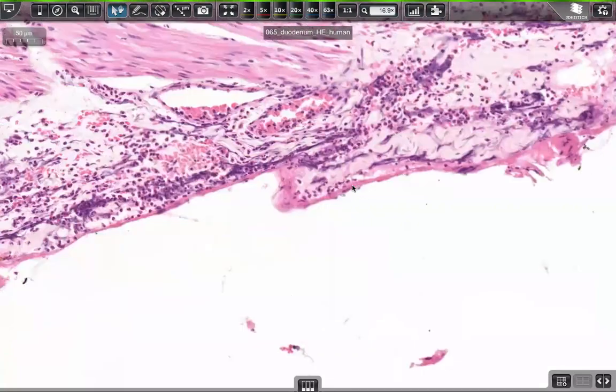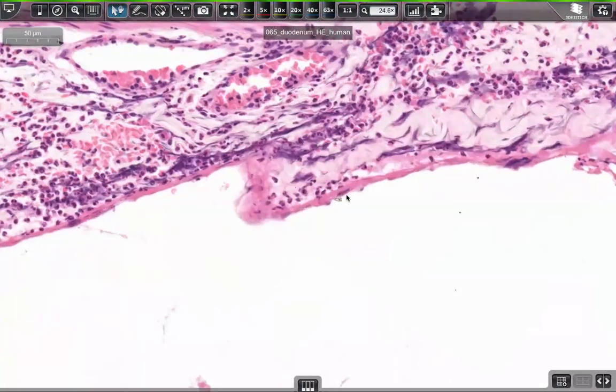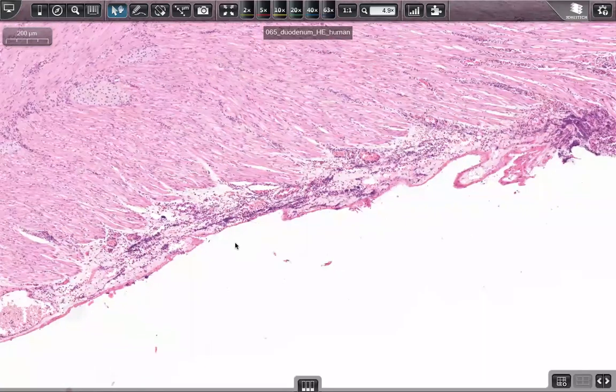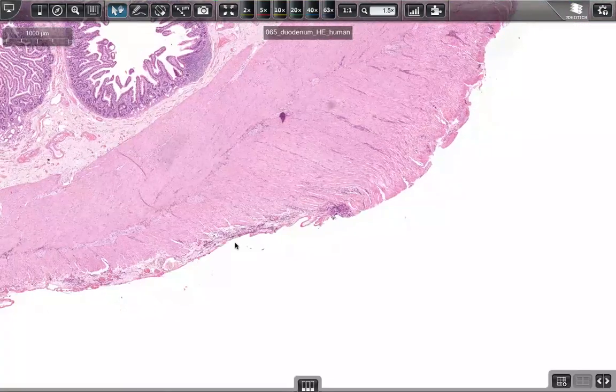So maybe it's a part of it, because here I can see some flattened nuclei at the surface, and there is a sharp border. So the superior part of the duodenum is covered by serosa, but the descending and inferior horizontal parts are uncovered.